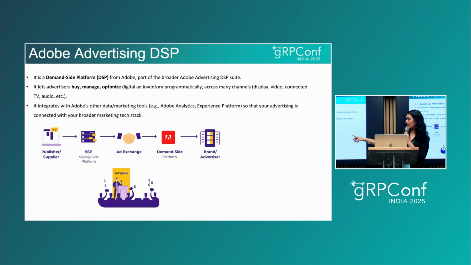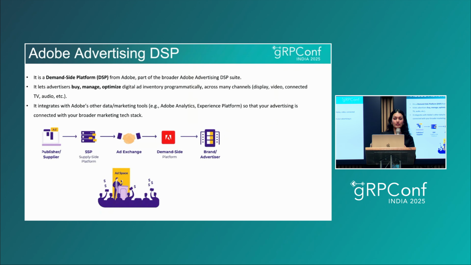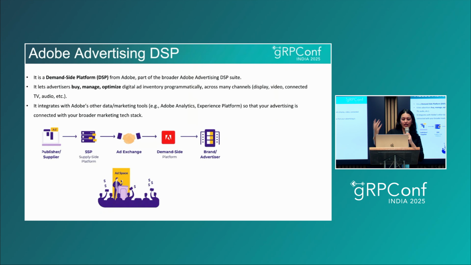They are connected with the demand side platform, or DSP, that helps them buy ad spaces in these auctions. And finally, in the middle lies the ad exchange. It acts as a virtual marketplace where both sides interact, and the ad exchange facilitates the real-time auction, determines the highest bidder, and decides which ad is shown.